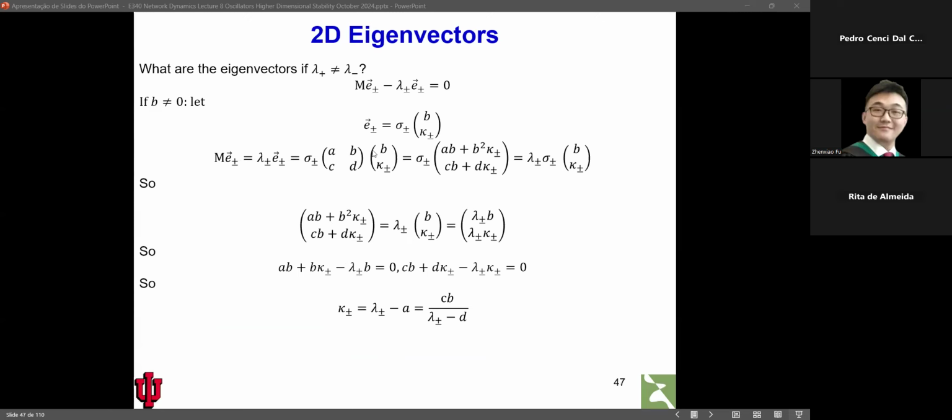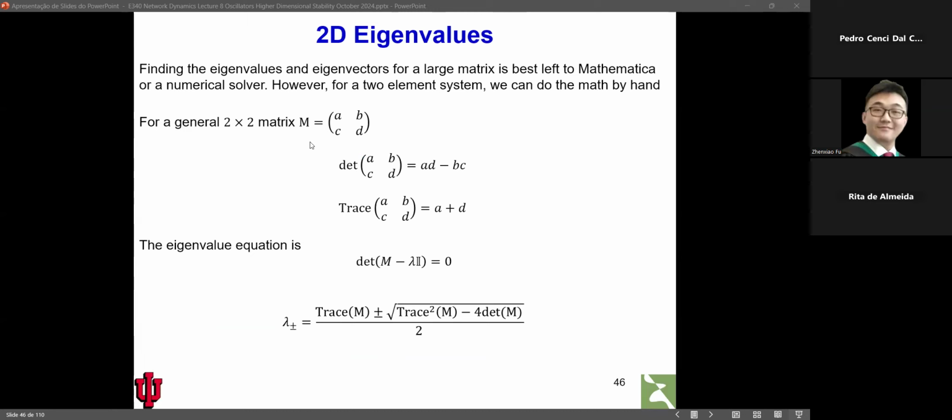Maybe you would like to do all these calculations by yourself instead of me just reading them for you. What do you think? Do you want to do this now so you don't have to do it at home? I can do it. I've done the eigenvalues and eigenvectors thing several years ago.